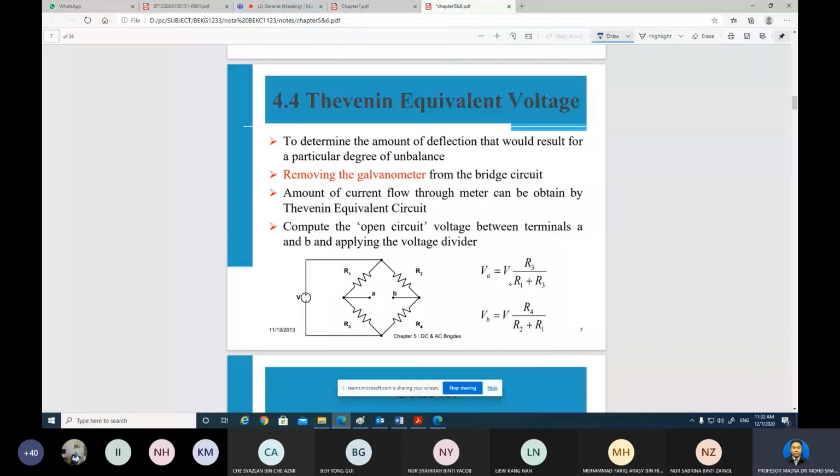So this is the formula for the voltage divider. This point we call VA, and this one is VB.